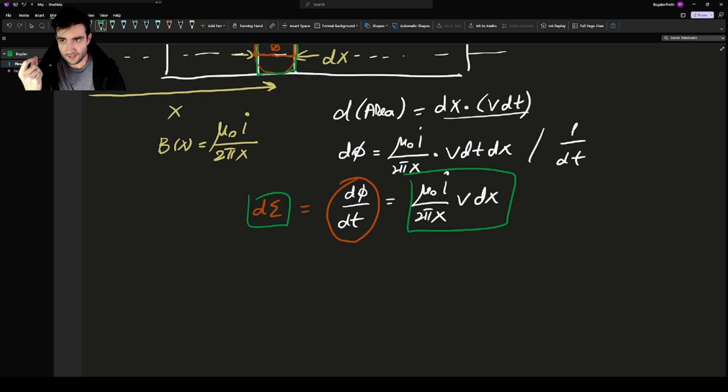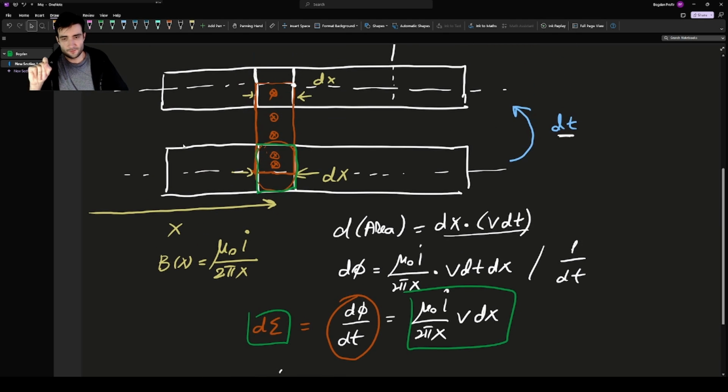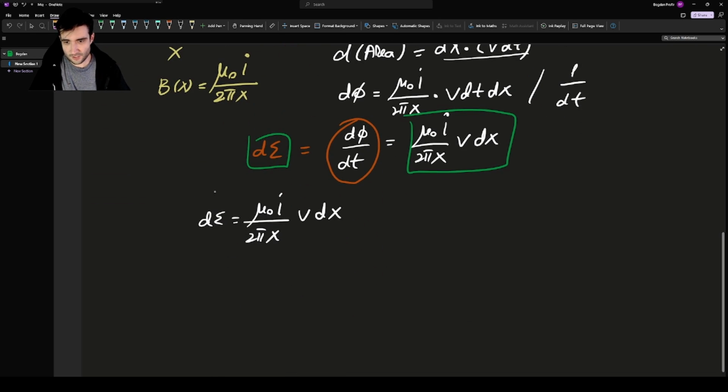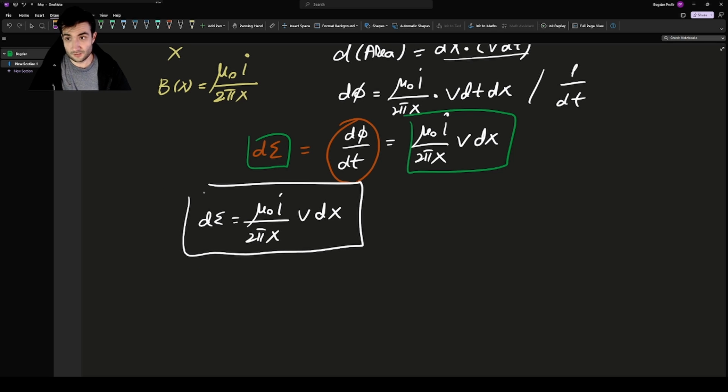So we have d epsilon equal to mu 0 I over 2 pi x v dx. Now, this is the EMF which is induced only in this element, but what we want to find is the EMF in the whole copper conductor. So what do we do with this equation to find that out? Well, we have to integrate, right?